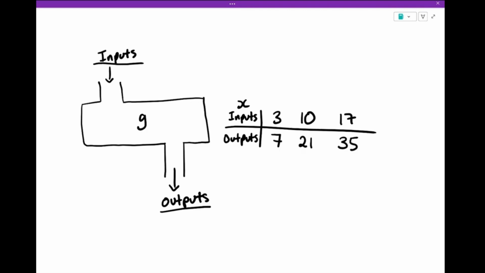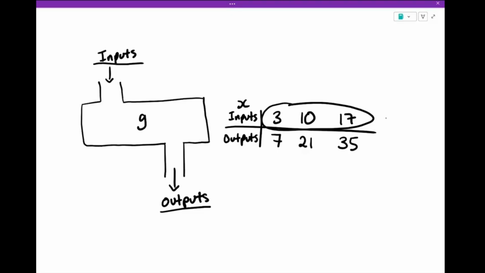Now, once again, I want you to think, what is the mathematical rule that is linking our inputs to our outputs? So then we can write out our function g. Well, if we compare these pairs of values, if you double 3, you get 6. If you double 10, you get 20. If you double 17, you get 34. So in every single case, once you've doubled your inputs, we are 1 less than our outputs.